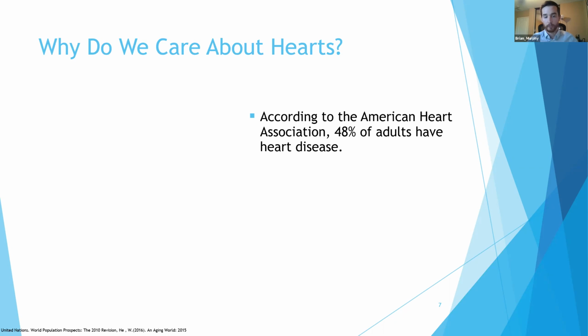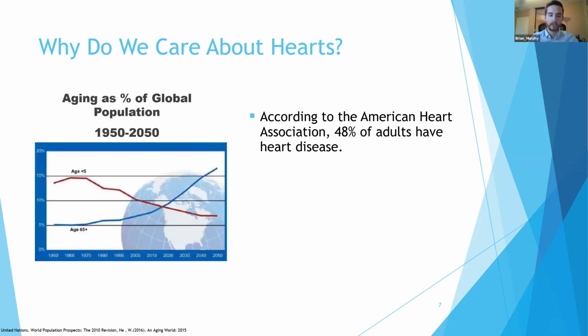Basically just problems with your heart. That's a lot of people. And in the next 3 decades or so, we're basically at the intersection on this graph between red and blue, of those that are very young and those that are 65 and older, where we will have the older population outweighing the younger population by a significant amount.